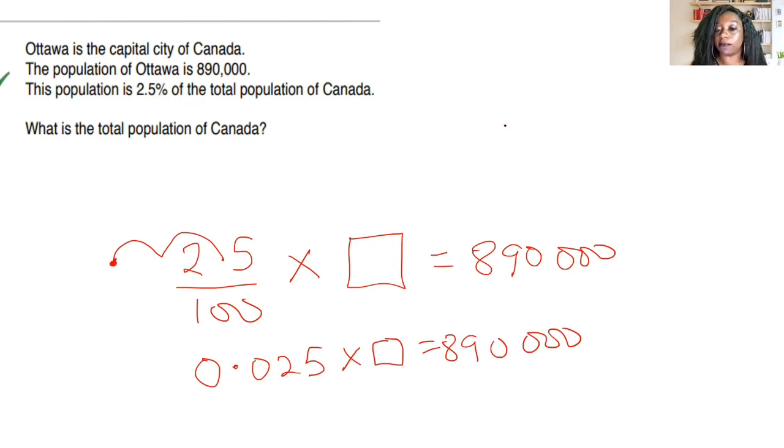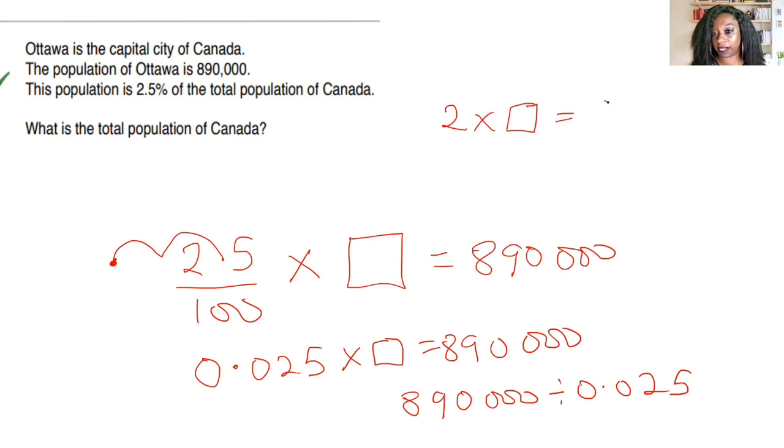So we're going to have 890,000 divided by 0.025. Why are you dividing? If I say 2 times a certain number will give me 6, how do I know this is 3? I'm going to say 6 divided by 2, won't I? Because I do the inverse. Same thing here. You do that divided by that to get this bit here.